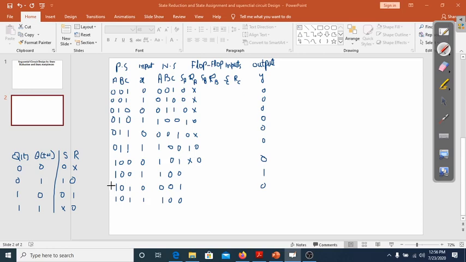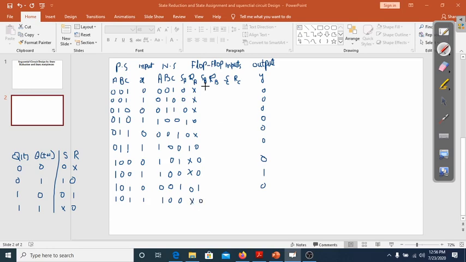In the next case, when the present state is 1, next state is 1, again set is don't care, reset is 0. When present state is 1, next state is 0. In this case, reset should be 1, whereas set should be 0. Present state is 1, next state is 1, so set is don't care and reset is 0.